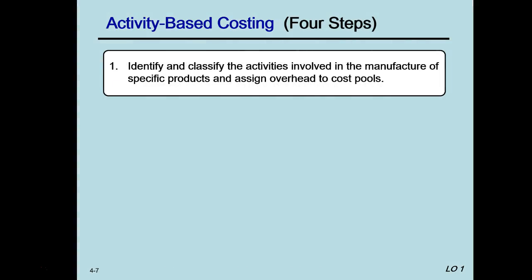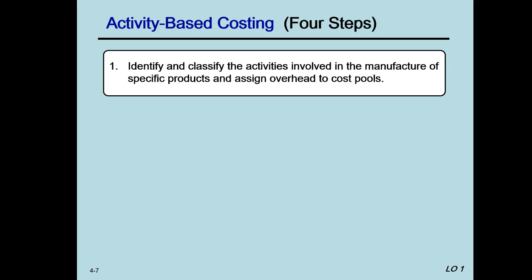So as we see here with the 4 steps, the steps in activity-based costing begin with identifying and looking at various activities that are utilized for manufacturing that product.